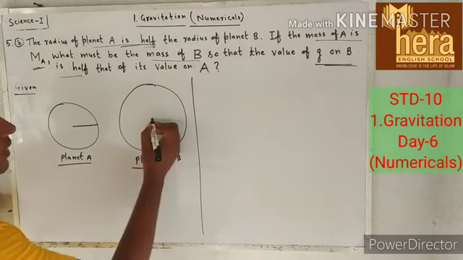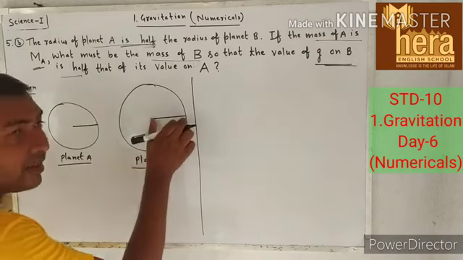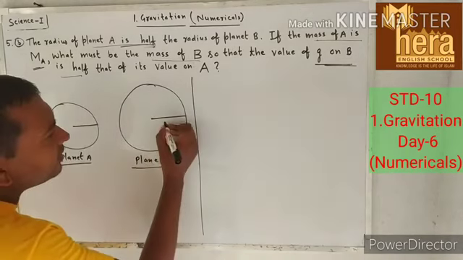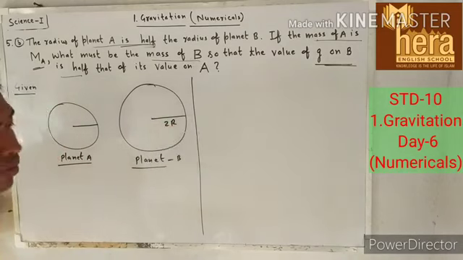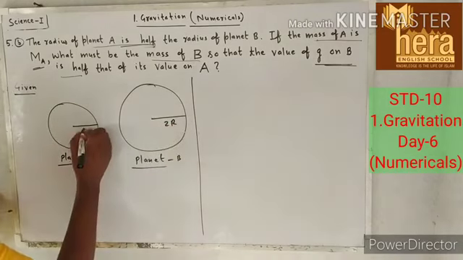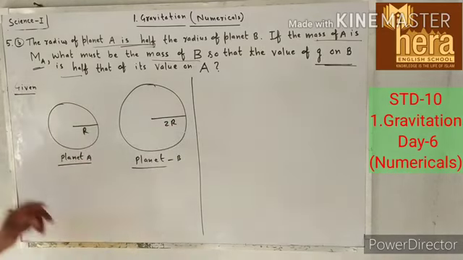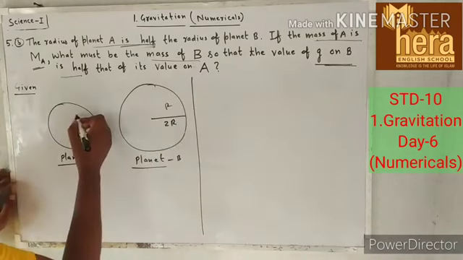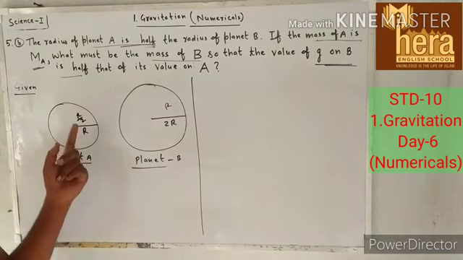Half means if this is 10, then this will be 5. If this is 4, this will be 2. So I say this is 2R. If I consider this is 2R, it means this will be R. Or you can take R, then this will be R upon 2, half.